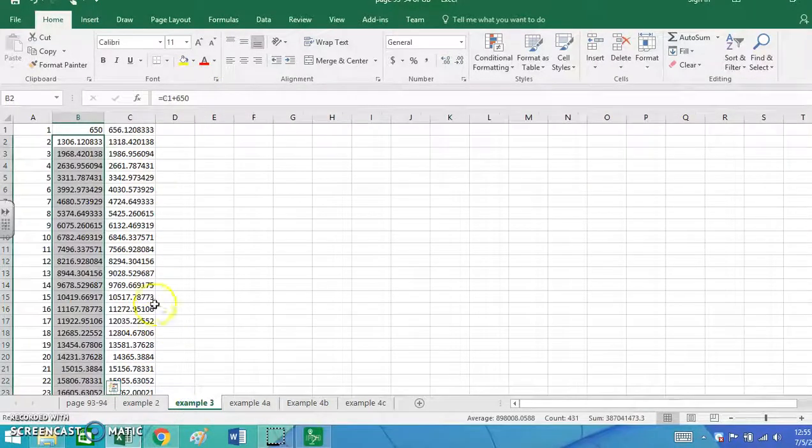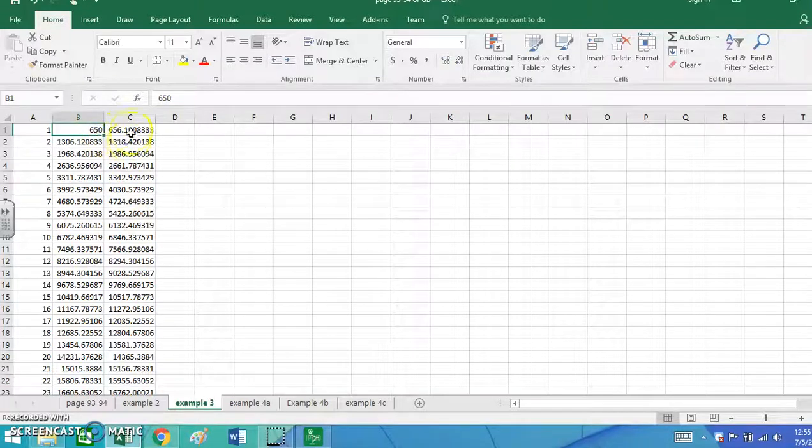Okay, here's example three. So example three, I started off with $650. I got 11.3% interest. Okay, and this is how much I have in my account at the end of month one. And then for this part here, I added $650 to that, because every month I'm going to put $650 in.